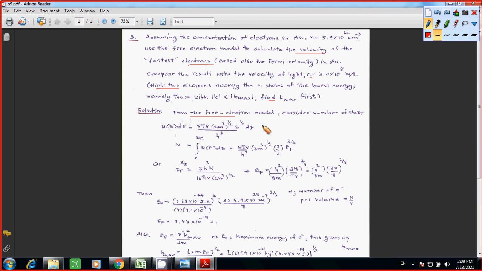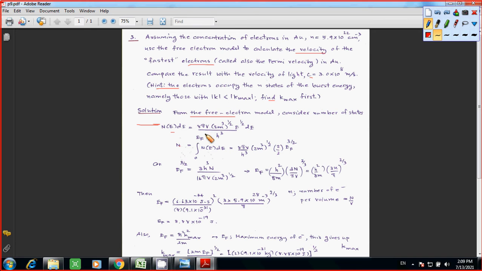Well, from the free electron model, this is the number of states from the textbook, and g(E) dE equals this expression, where V is the volume.